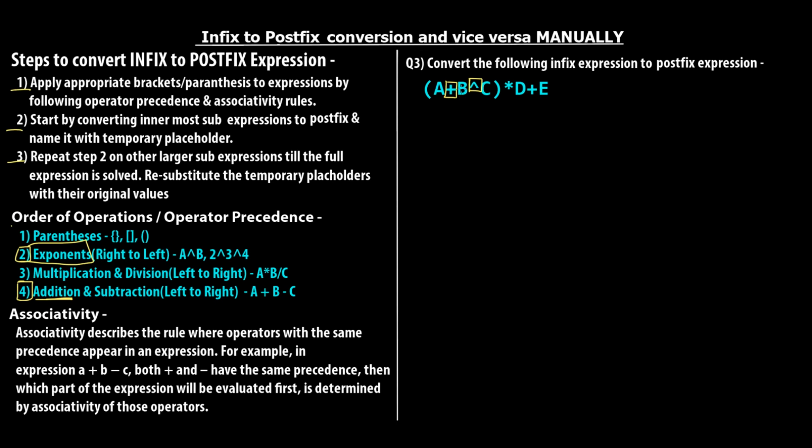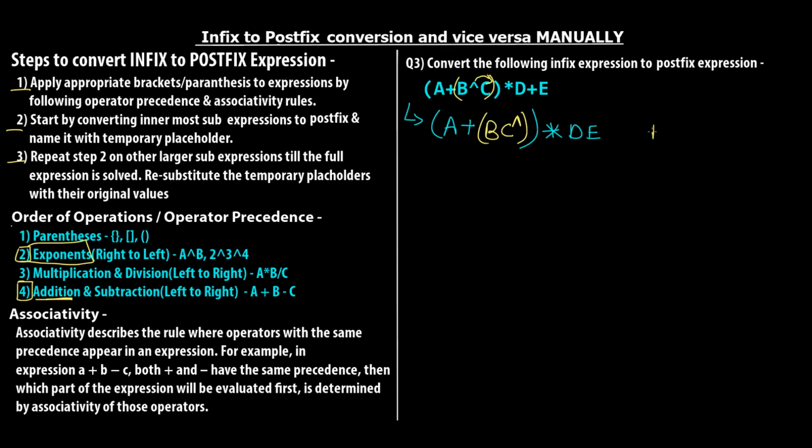So inside these already existing brackets, we will first convert B raised to C to its postfix format. So this expression will look like A plus, then we have BC and raised to sign, because in postfix the operator comes ahead of the two operands. Then close this bracket. We have star, we have D, and we have E.